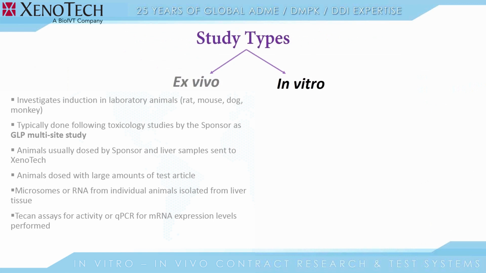The animals are generally dosed by the sponsor, and then the liver samples are sent to us at XenoTech for analysis. And the samples are tested for either looking at the microsomes for enzyme activity or RNA from the individual animals, and these are isolated from the liver tissue that's sent to us.